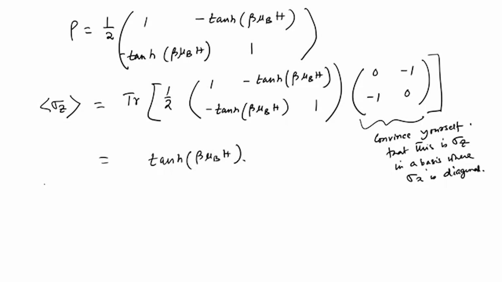Okay. And so, this is the result that we got earlier in some different contexts, solving this using microcanonical and canonical ensemble, and then we get the same result here as well.